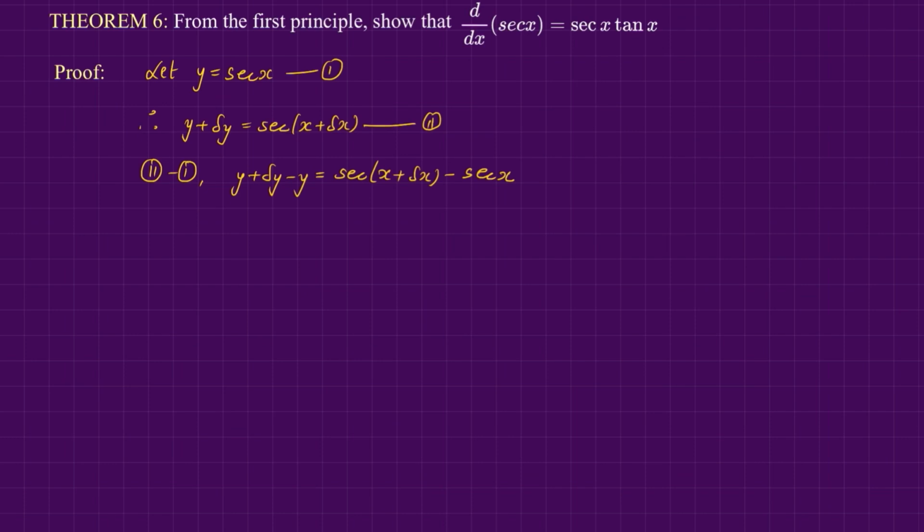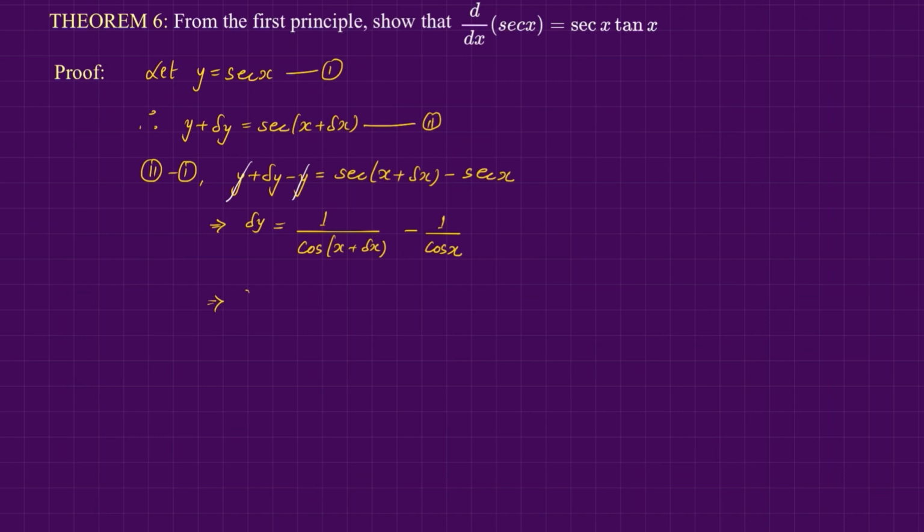So here y and y get cancelled, so we will have delta y equals, now sec of x plus delta x can be written as 1 by cos of x plus delta x, minus sec x, which is 1 by cos x.